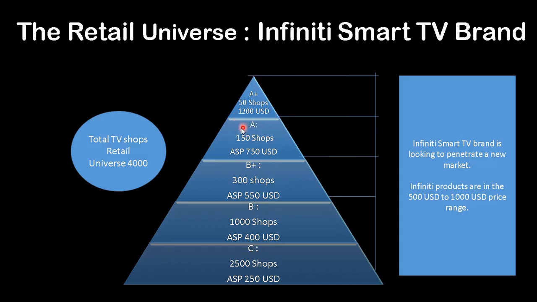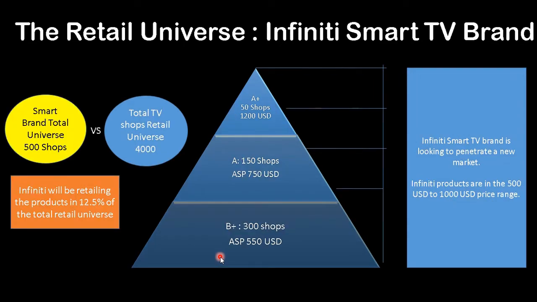There are 150 shops that sell at an ASP of $750. There are 300 shops that sell at $550 as an average selling price. And there are 1,000 shops that sell at an ASP of $400. There are 2,500 shops that sell at $250 USD.